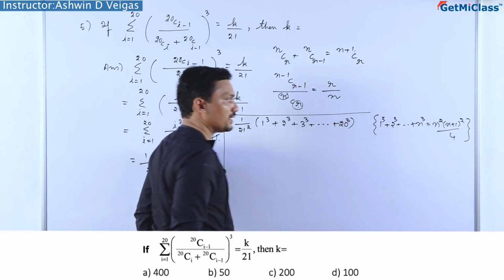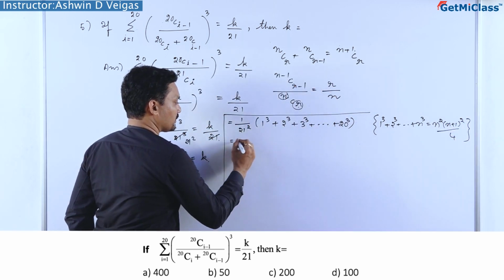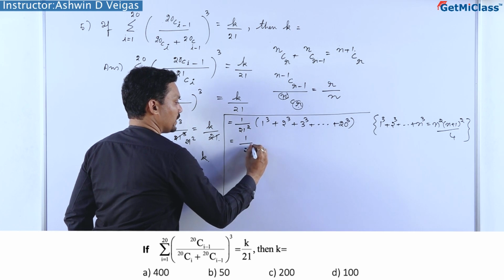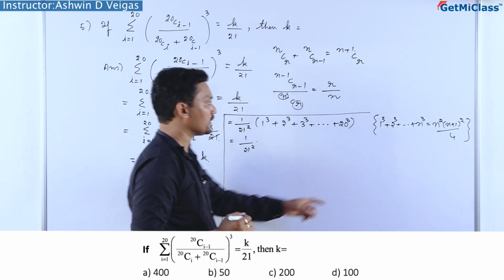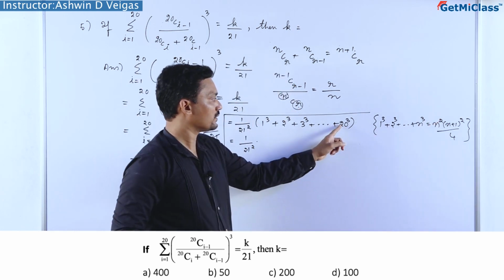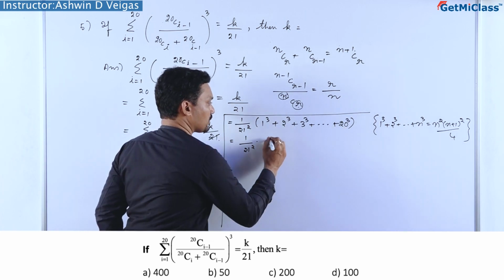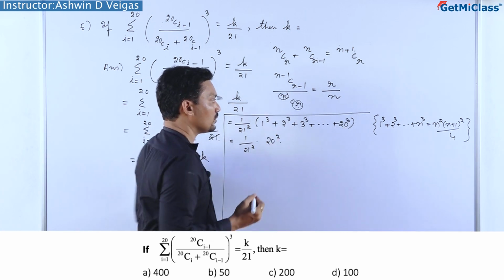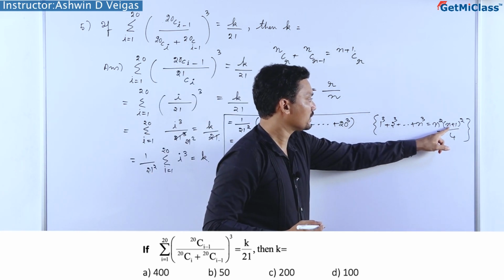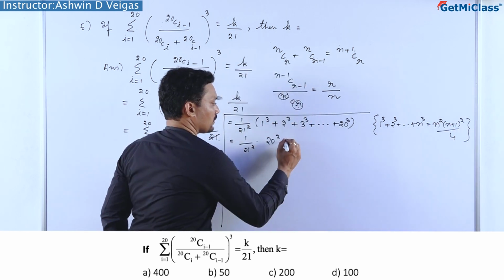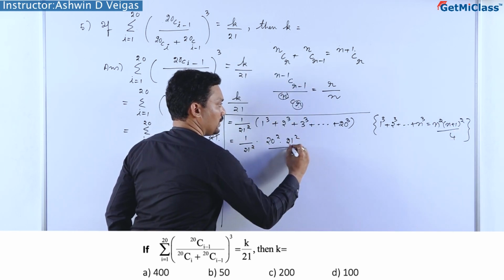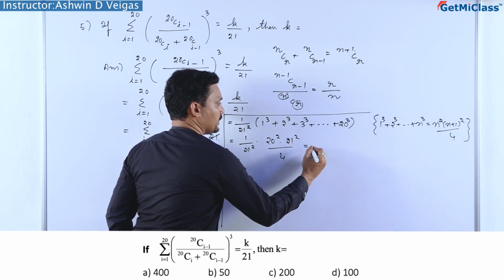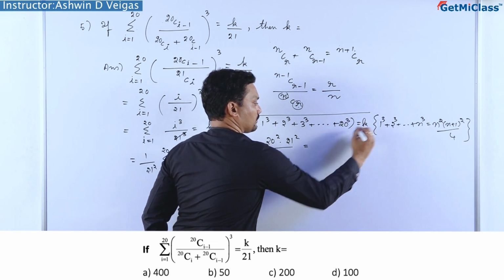So, there is a formula like this. Therefore, this is 1 by 21 square into, now this is n square, n is 20. So, it is 20 square into n plus 1, that is 20 plus 1 whole square divided by 4, and this is equal to k.